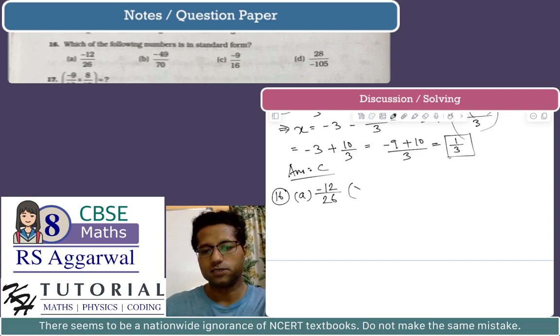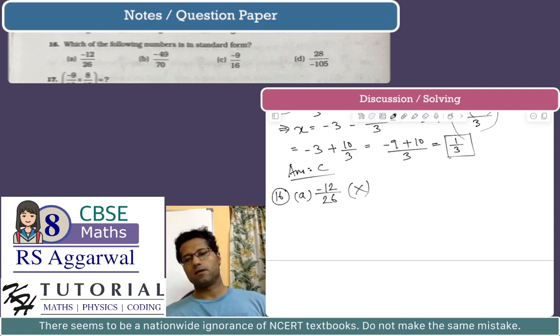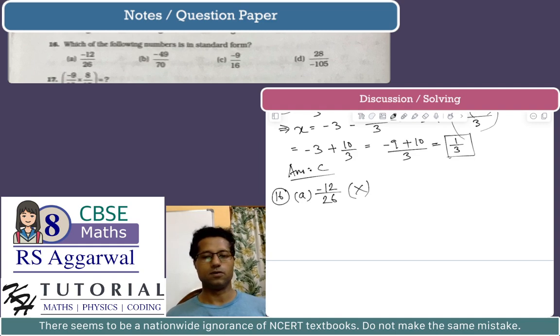Definitely this is not in standard form because the numerator and the denominator have a common divisor of 2, which is not equal to 1. Okay. Let's see choice B. Choice B, the rational number given is minus 49 by 70. This also is not in standard form because we have a common divisor of 7.